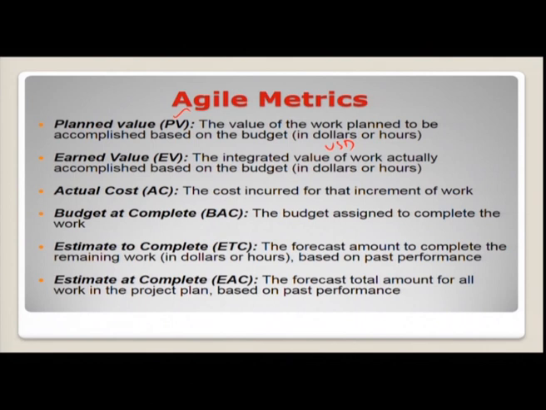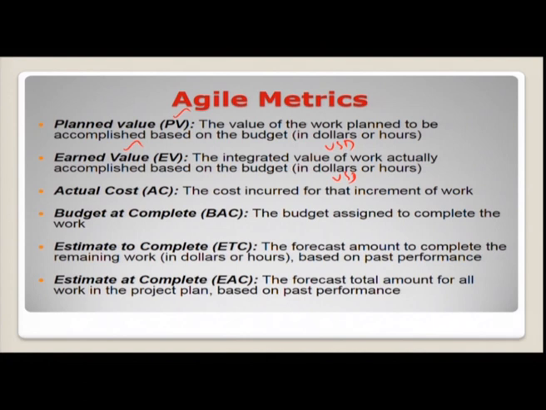What is EV? EV denotes earned value. As far as the earned value is concerned, it is the integrated value of work actually accomplished based on the budget, again in terms of USD, or in terms of hours.